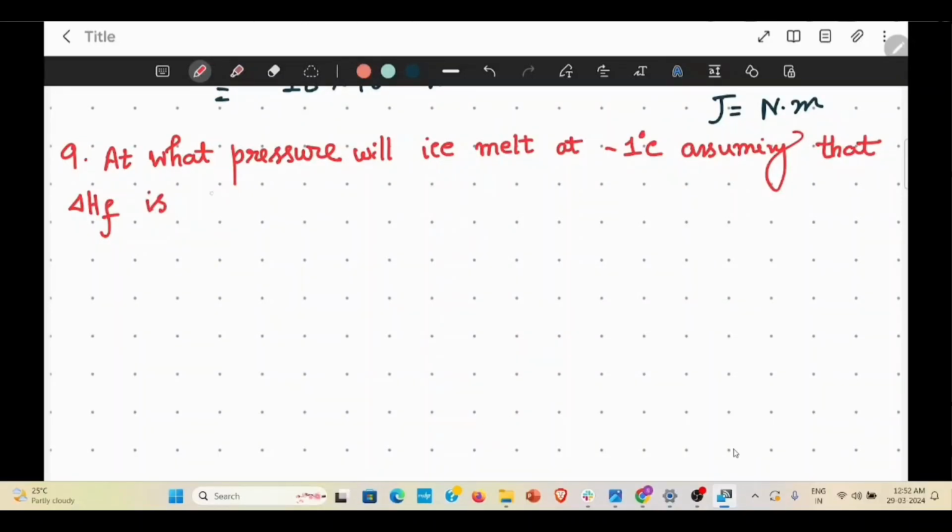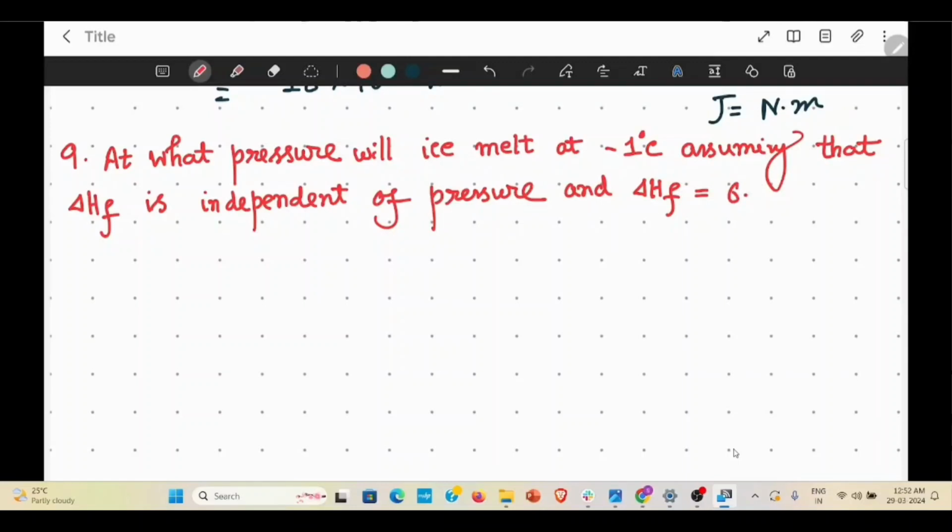Del Hf is independent of pressure and del Hf equals 6.0095 kilojoule per mole. That is given, right?